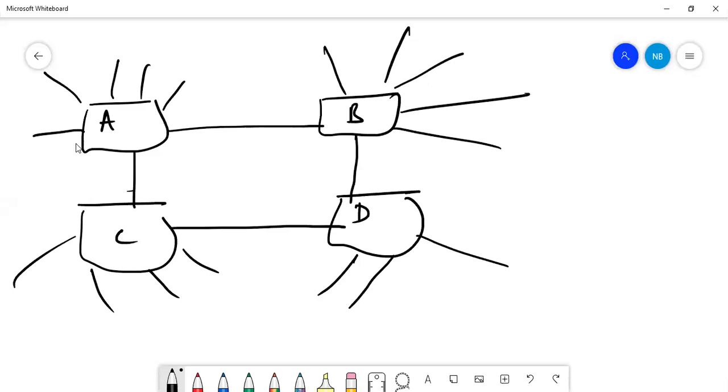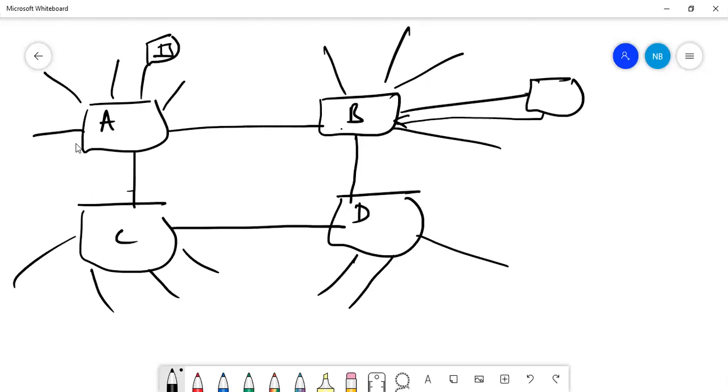So what happens here is, whenever a router gets information, or whenever a packet is sent to a particular host through a particular router, see, this system is sending a packet through this router to a particular destination.